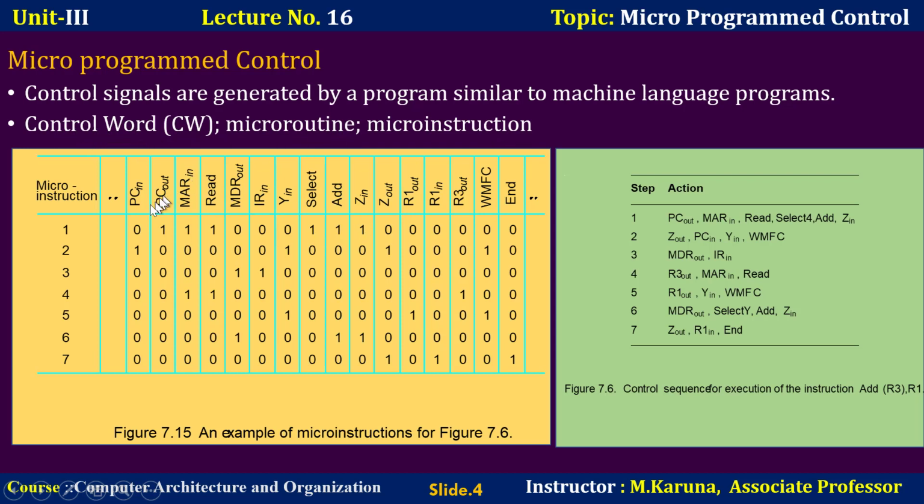With the help of this control word, the required control signals are generated. Likewise, micro instructions can be designed. So seven micro instructions are required to perform one macro instruction, that is, Add R3, R1.